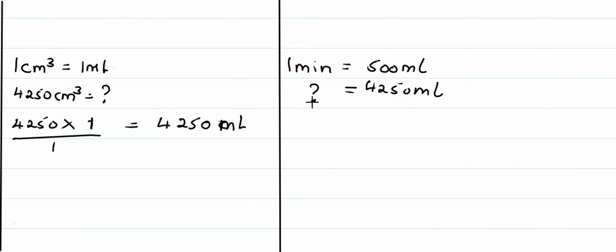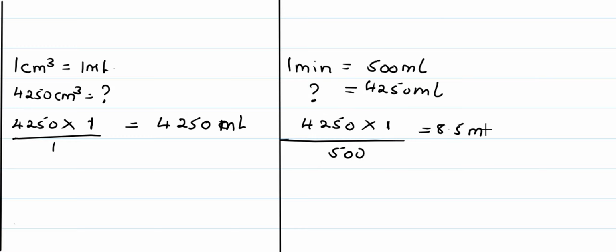So we cross multiply like this. We take 4250 multiplied by this 1 here, then we divide by this 500 here. So the answer becomes 8.5 minutes. So it means 8.5 minutes to fill this tank, to put 4250 milliliters in the tank.